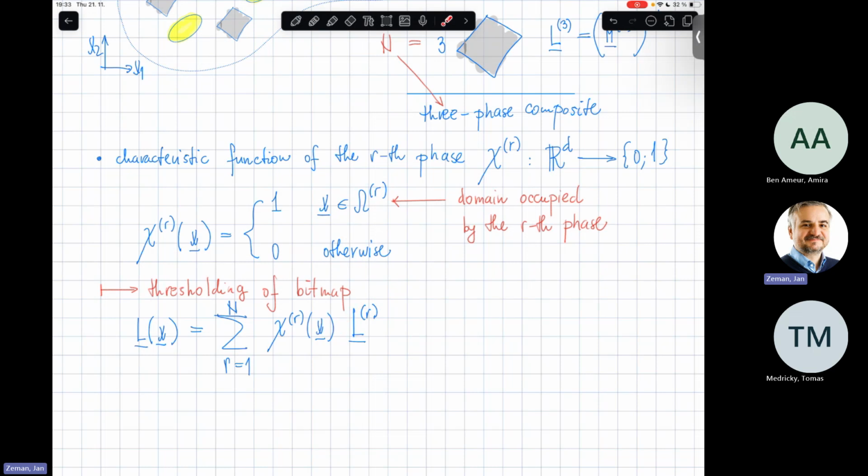So if I find that this is in phase 1, I will put L1, otherwise I'll put 0. And again, I would like to highlight that by this representation, I'm separating phase properties and their spatial distribution. This is something which lives independently, and this just shows how this property is distributed throughout the medium.